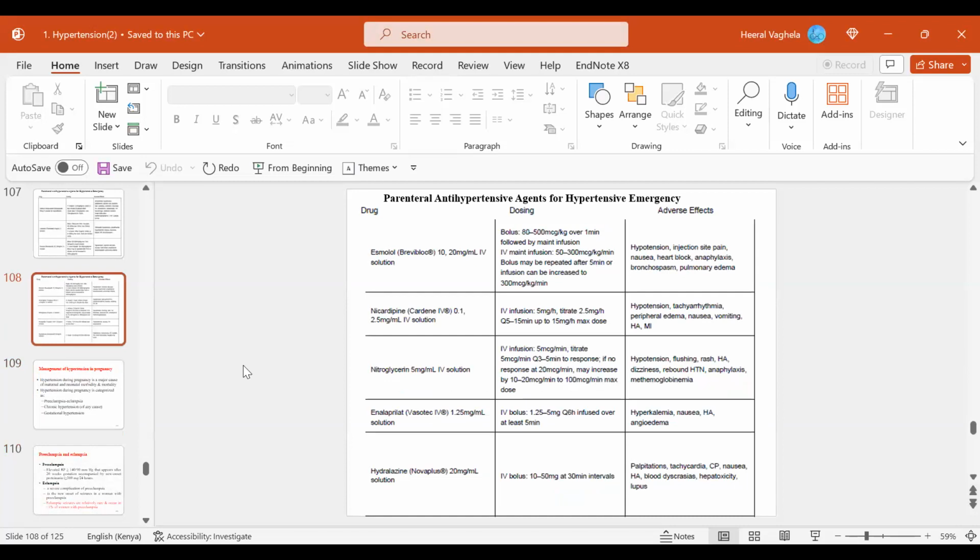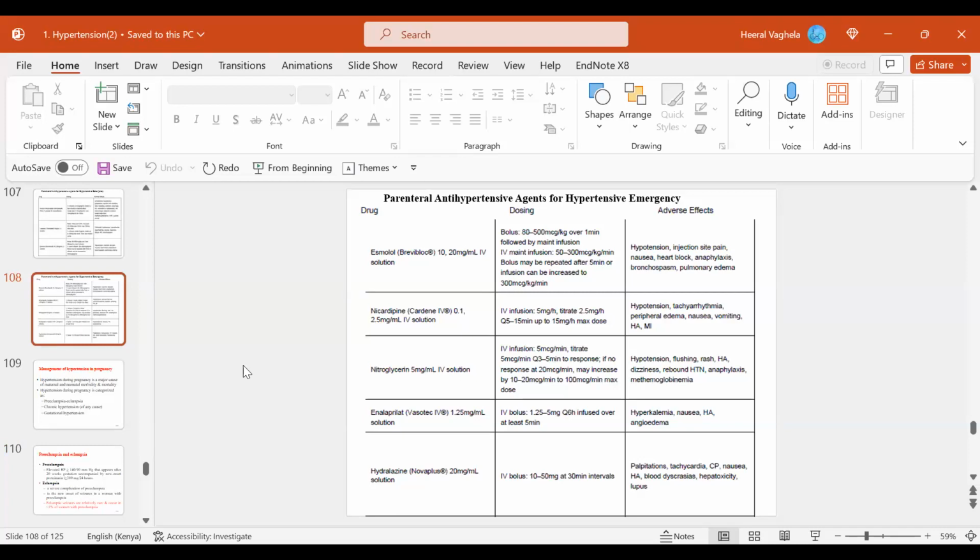And then one more thing with hypertensive crisis is that you can't lower the BP very low. Otherwise, the patient can go through acute ischemic stroke, because with low BP there is not enough perfusion pressure for the brain.